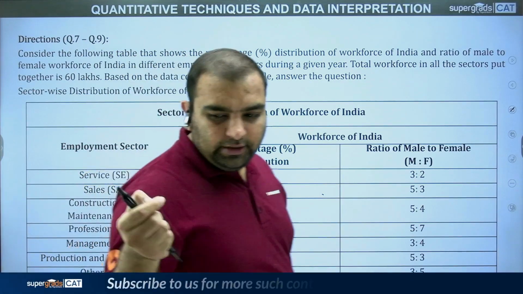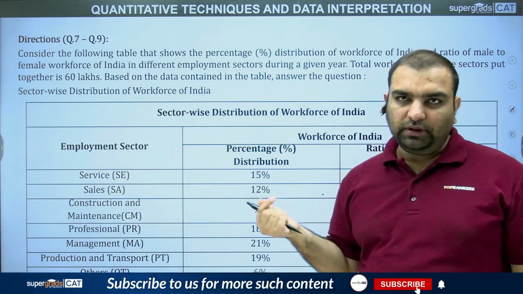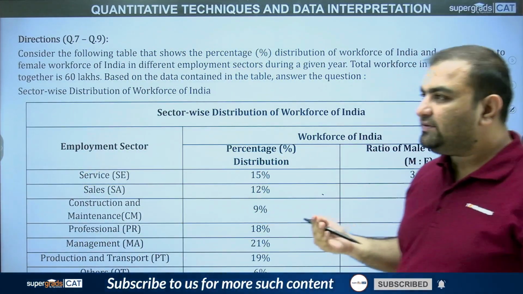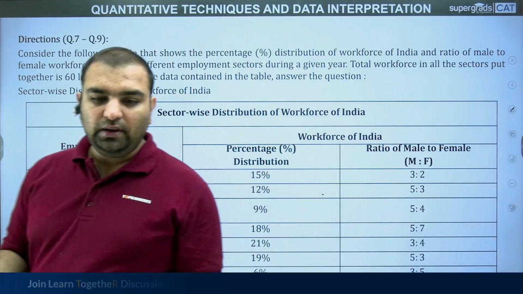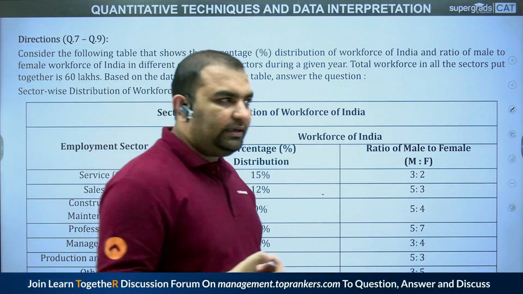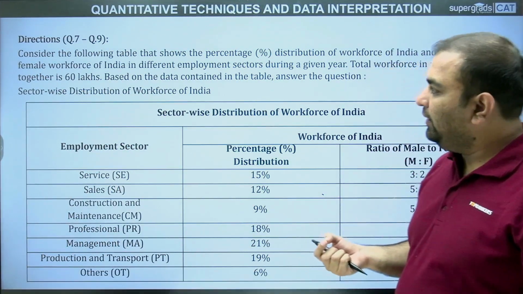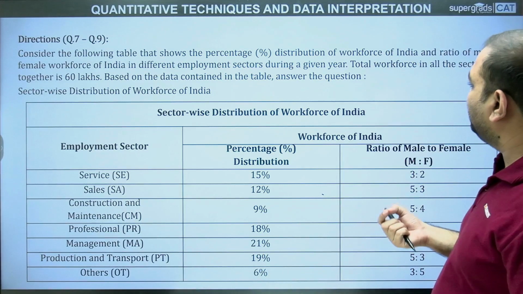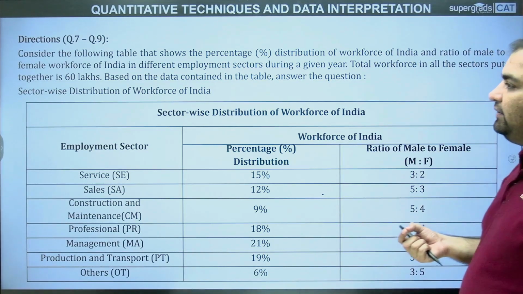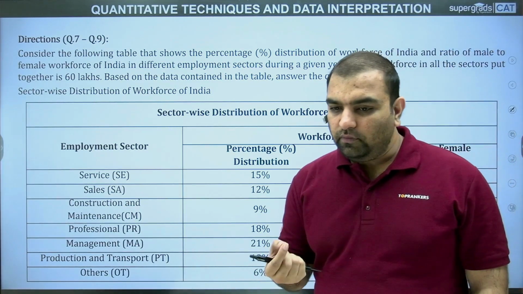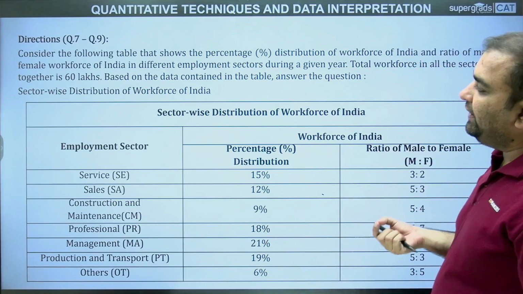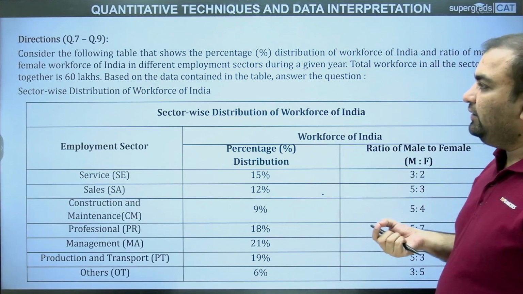Please write down or read out the table, because after this we are going to attempt these questions as well. So make sure you have read the table very correctly. Consider the following table that shows the percentage of the workforce of India and the ratio of male and female workforce of India in different employment sectors during a given year.